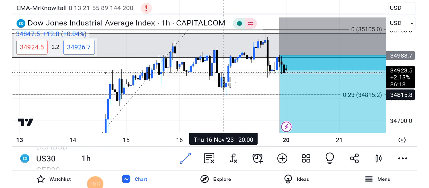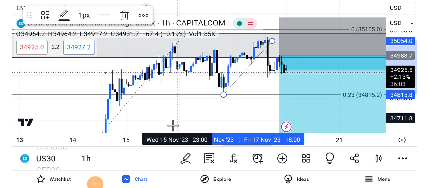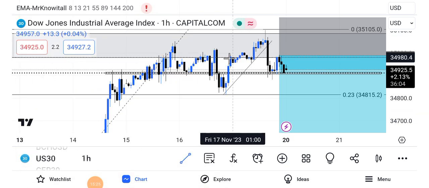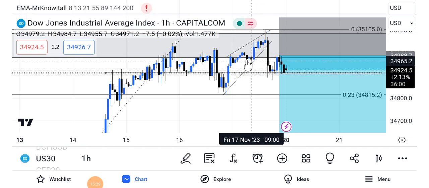So if you can check, we're having this nice upwards trend right there, and we're going to draw a nice channel going all the way up.